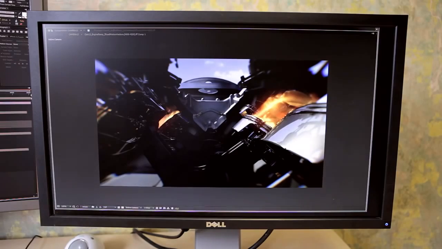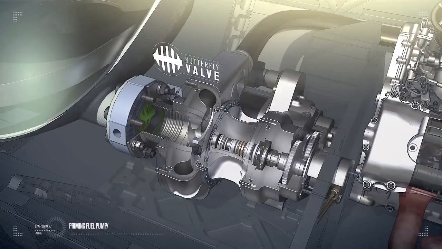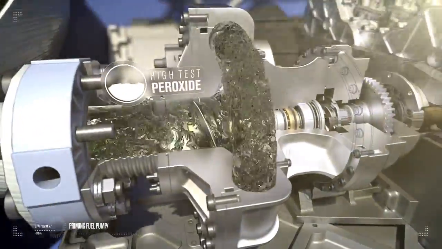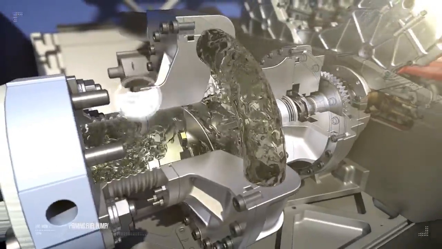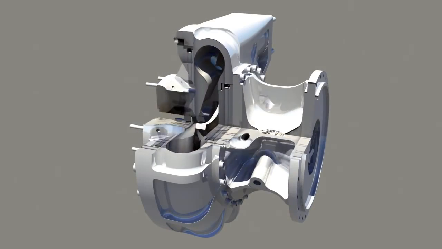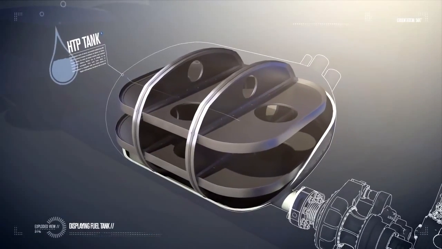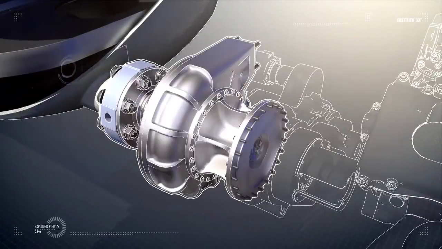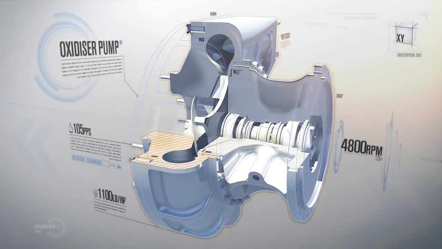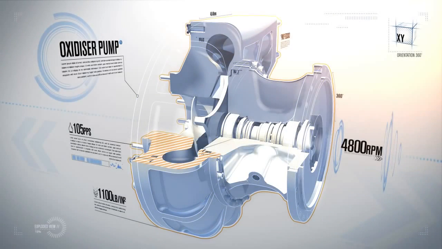We included effects such as lens distortion, dust and particles on the camera lens. The actual animation of the camera was really important as well, but we wanted to keep it looking technical. So we've got layers like the lines here and sort of technical graphics which annotate the piece.